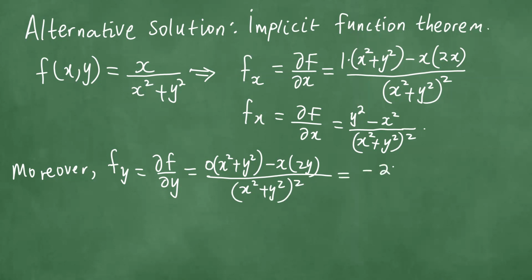So it's minus twice xy over x squared plus y squared, squared.